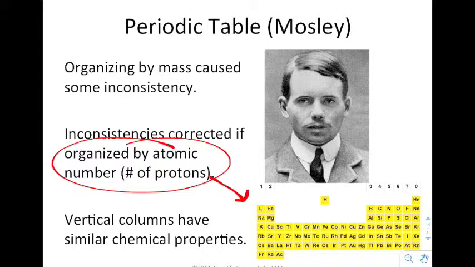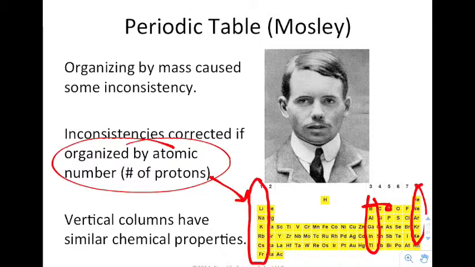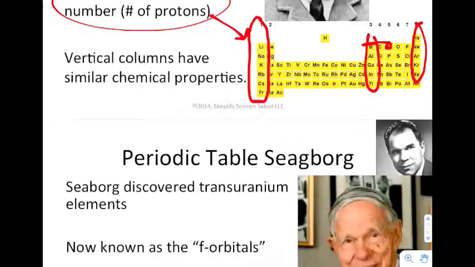What he found is that you can line things up vertically, and everything vertically has very similar chemical properties, with no inconsistencies like, well, this should really be here. So Moseley's periodic table was much, much more accurate than Mendeleev's.